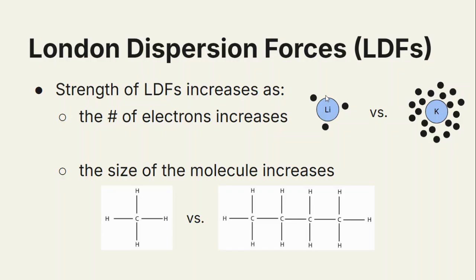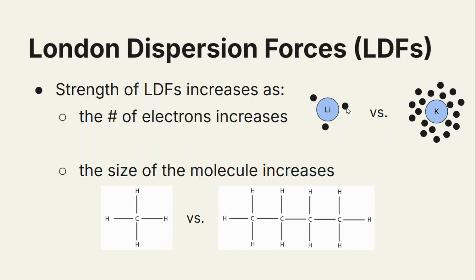The reason is because when you have more electrons, when you have more of them on one side of a particle versus another, your partial charge is going to be a little bit stronger just because you have more negative charges in that region.